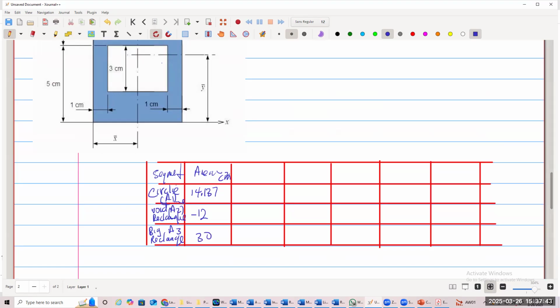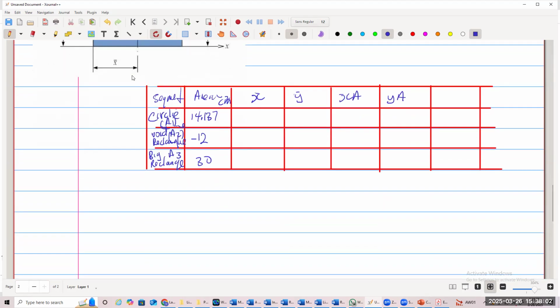All right. So you need to tell me what is x bar and y bar for each one. I will need to get XA and YA. We missed out a total line. We can still put in our total line.